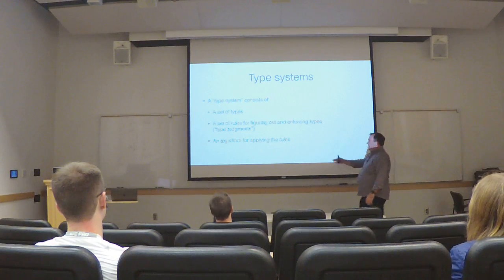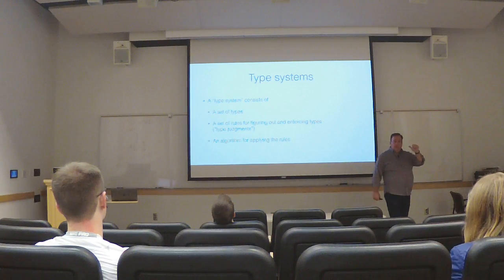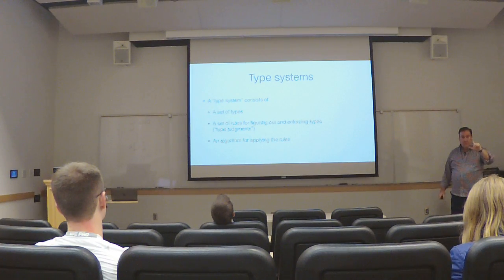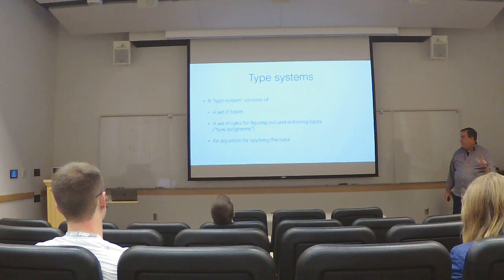And then finally, you have to have some algorithm for applying the rules. So a type system, again, is three parts. What are the types in the language? What are the rules for correct use of types, and then inferring and figuring out the types of other things? And then finally, you have to have some algorithm for applying the rules. Now that algorithm can be really easy.